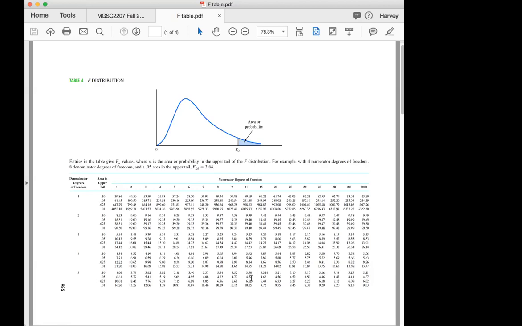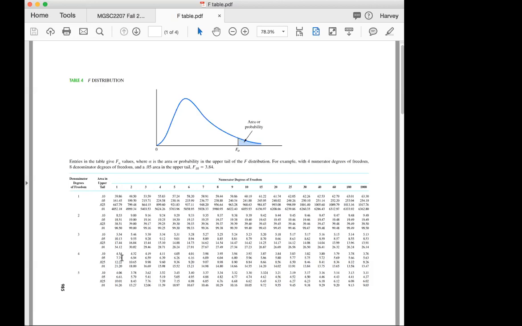Let's take another example. What is the F value if the numerator degrees of freedom is 10, the denominator degrees of freedom is 4, and the area in the tail is 5%? I go to numerator degrees of freedom 10, come down and find denominator degrees of freedom 4. So 10 and 4, I'm in this block right here.